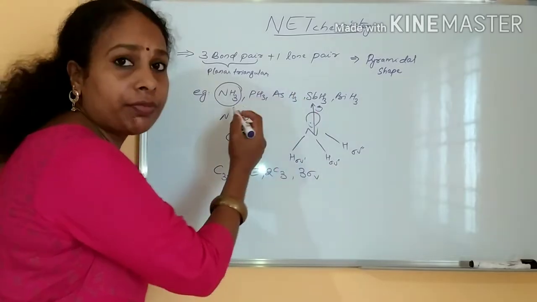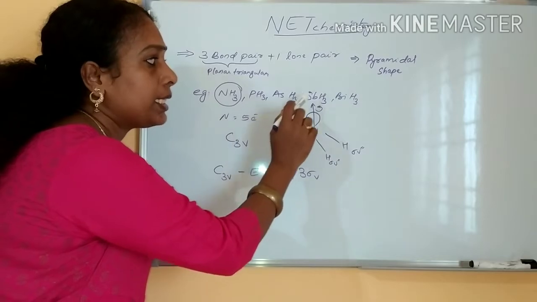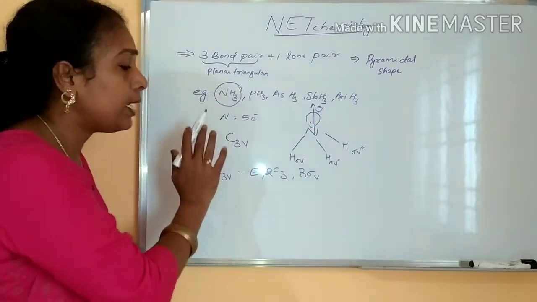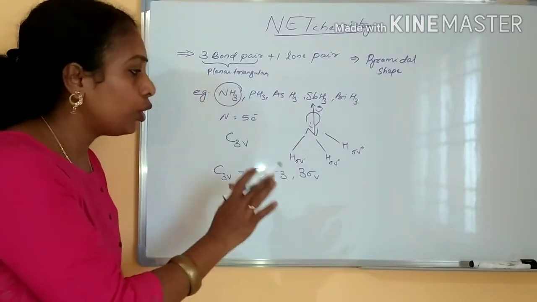Similarly, all the other hydrides of the nitrogen family, NH3, PH3, with nitrogen, phosphorus, arsenic, antimony, bismuth, all have 5 electrons. So 3 bond pair plus 1 lone pair, the molecule will be pyramidal.